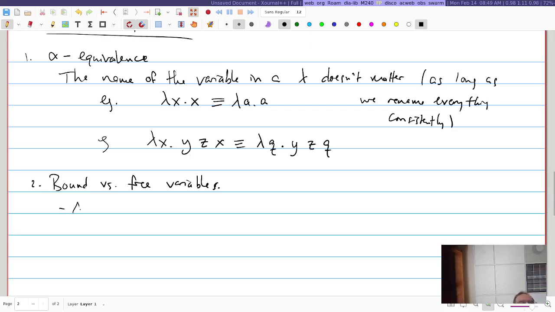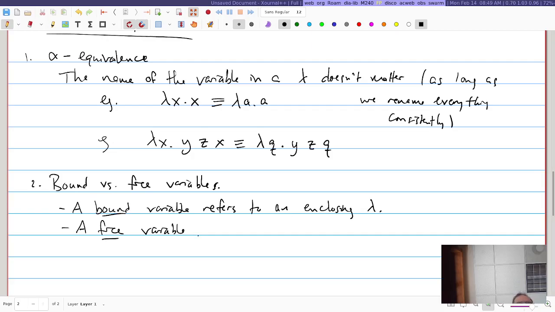Free means being undefined, or refers to some external thing.